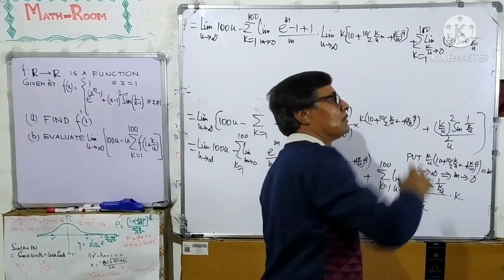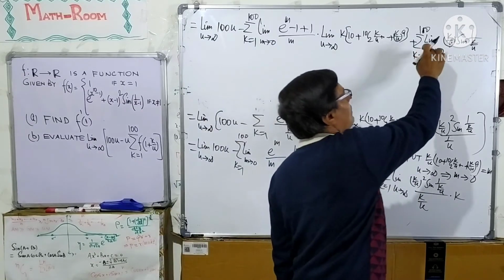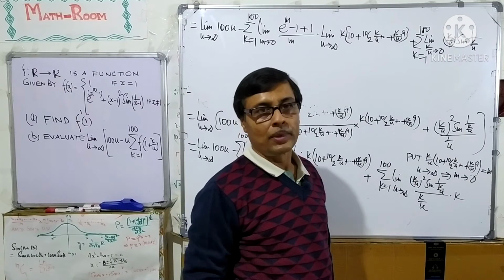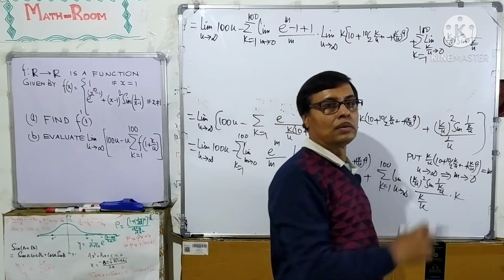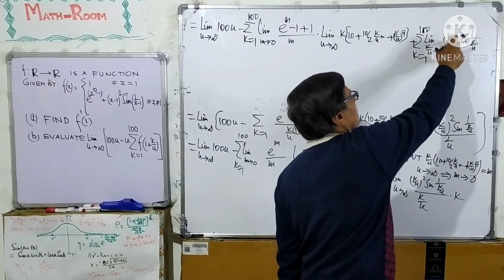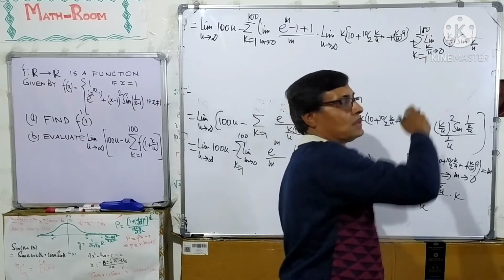This limit is 0, because the limit as x tends to 0 of x sin of 1 over x is 0. We have already known this; this limit is well known to us, and this value is 0.